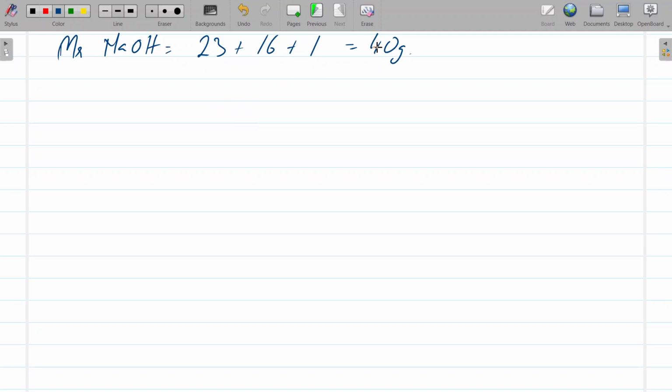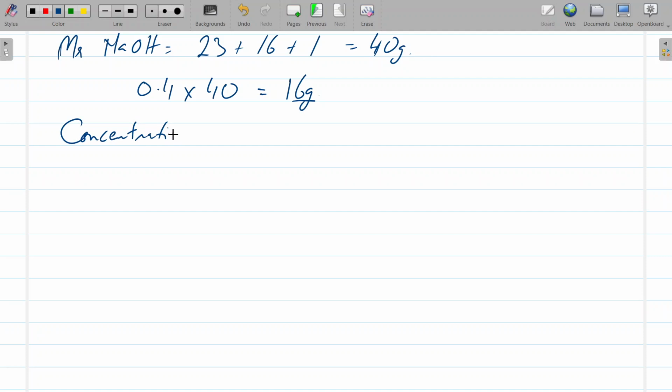And so you want to know how many grams is in 0.4 moles. So you do 0.4 multiplied by 40, which will give you how many grams? 16 grams per dm cube.